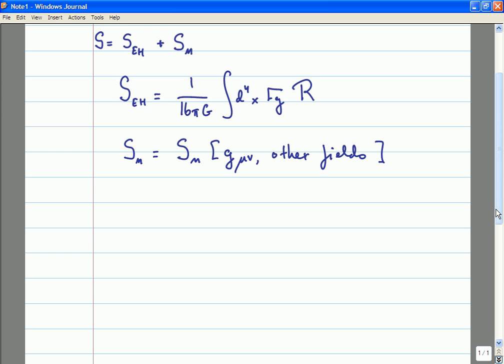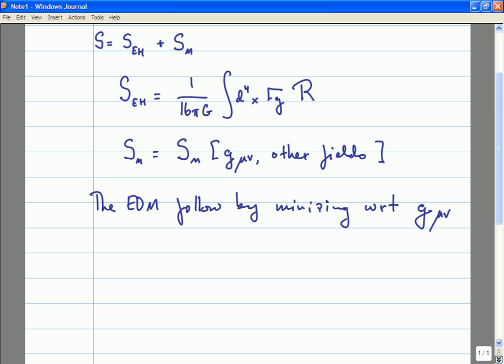And so I'll describe today a few different possible forms for this matter action and the resulting equations of motion and stress tensors. And the equations of motion which follow from this action are obtained by minimizing with respect to the fields, to the degrees of freedom, and in particular the equation of motion for the metric is found by minimizing with respect to variations of the metric. So you compute the variation of the action to linear order in a variation of the metric, and you set it equal to 0.